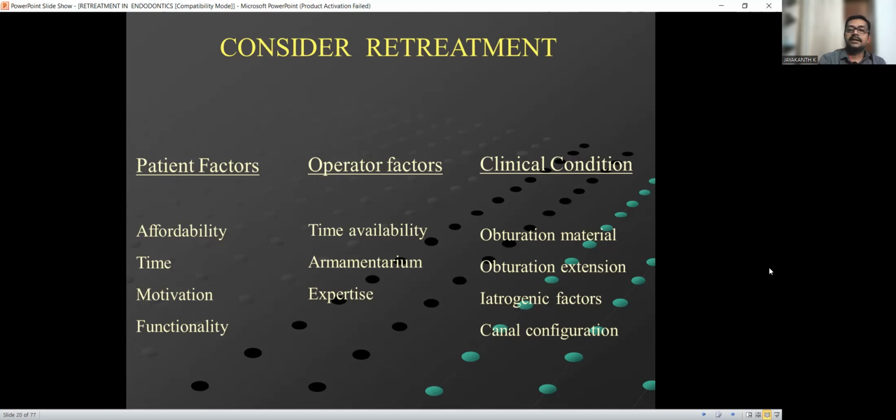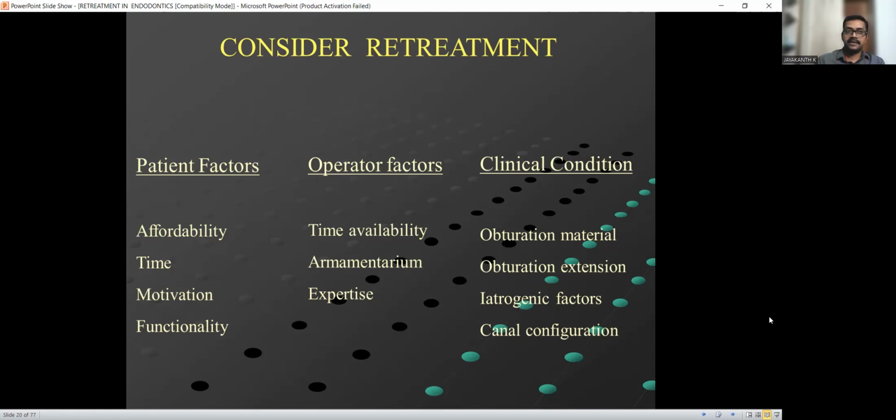Now, considering the clinical condition, obturation material is one factor, obturation extension is another one, iatrogenic factors, then canal configuration. You have to take into consideration all these conditions: obturation material, which material has been used, and obturation extension, how far it is obturated, whether it is under-obturated or over-obturated.